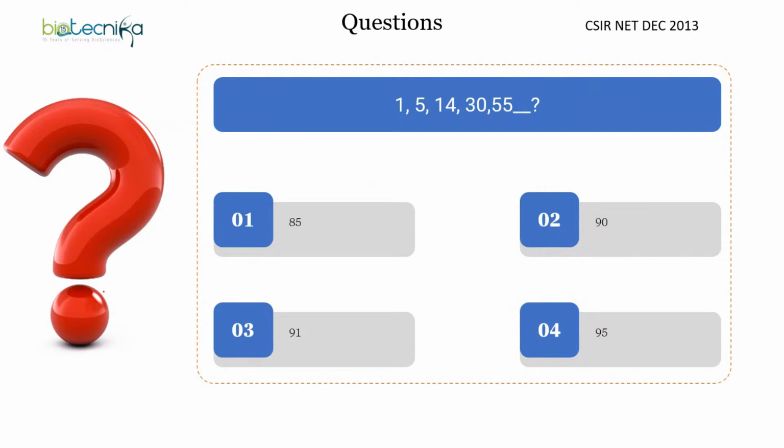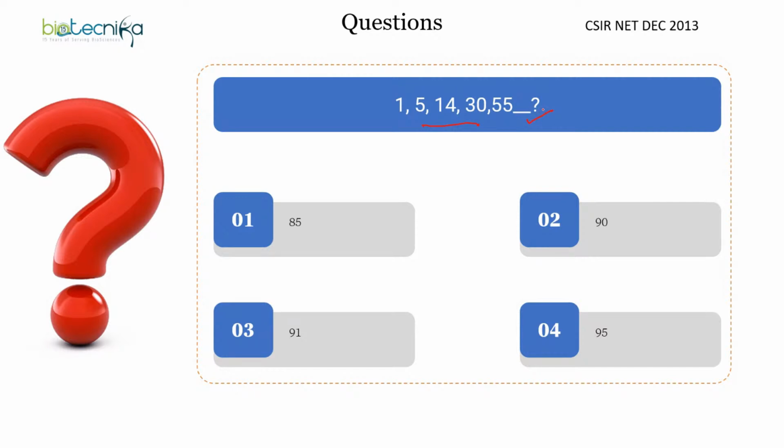In the first question we have the series 1, 5, 14, 30, 55. Here we first have to understand what is happening in this particular pattern, and then we have to find out what will be in the blank space.